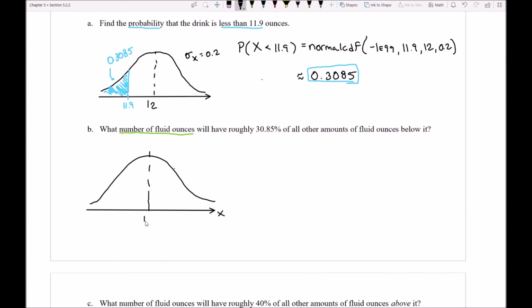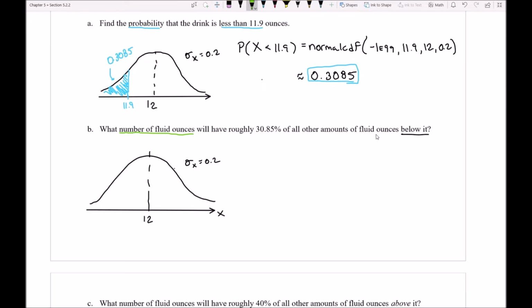So I still know I'm talking about the soft drinks, which have an average of 12 and a standard deviation of 0.2. Now I know that my green X will have roughly 30.85% of all other X's below it. So I could start to think about where my X could be located on the number line.